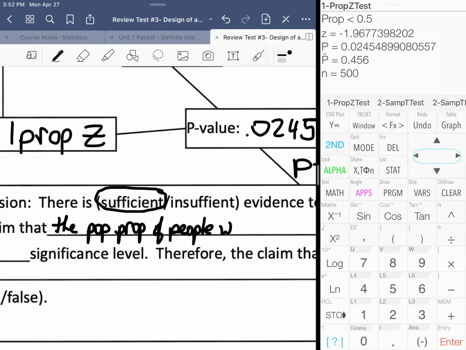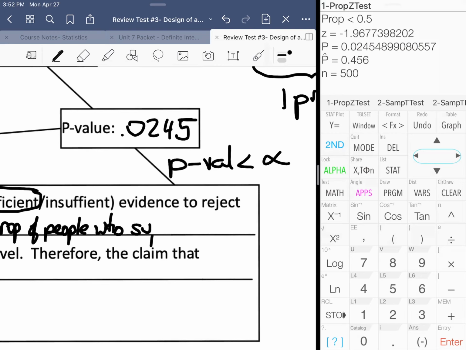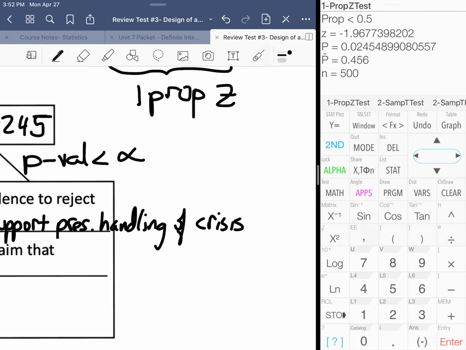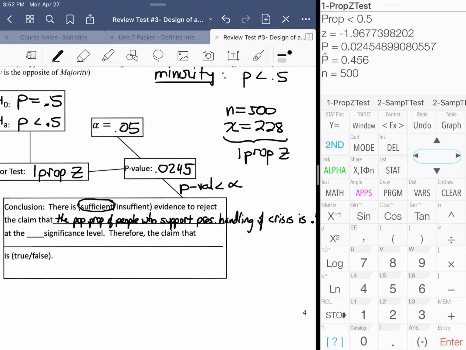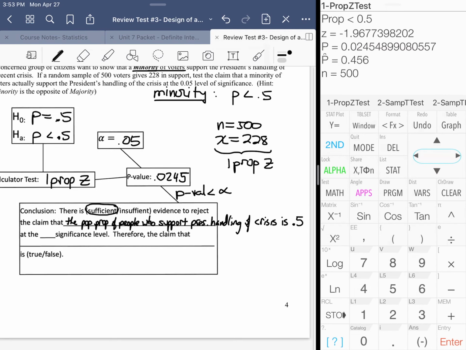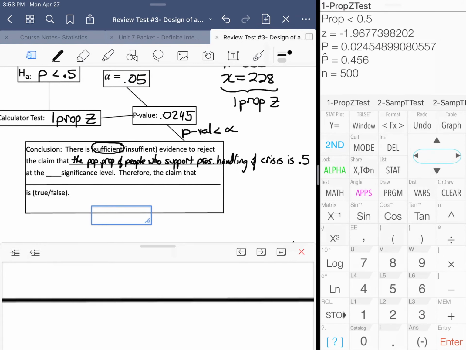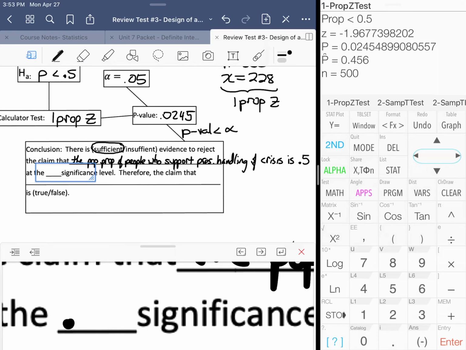The population proportion of people who support president's handling of crisis is 0.5, and that happened at the 0.05 significance level.